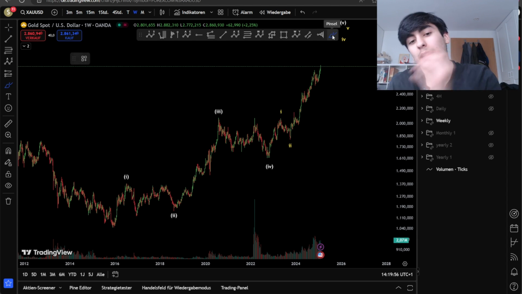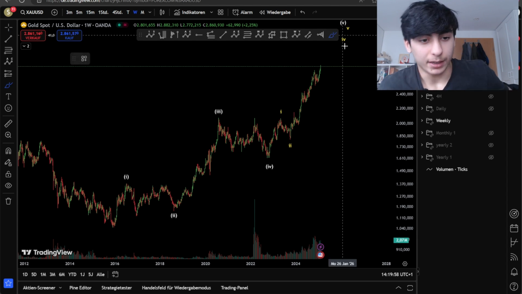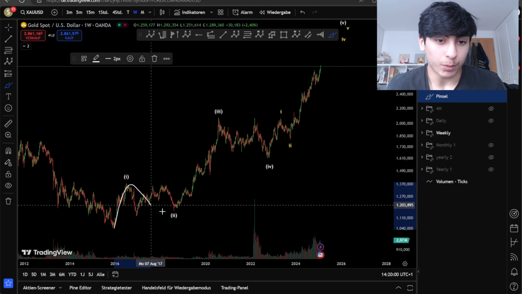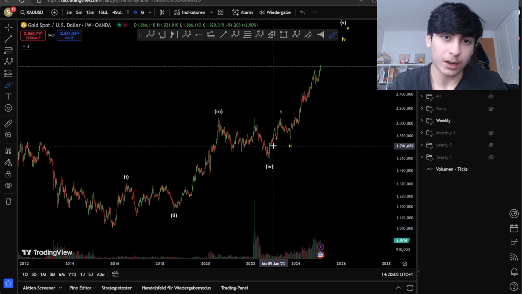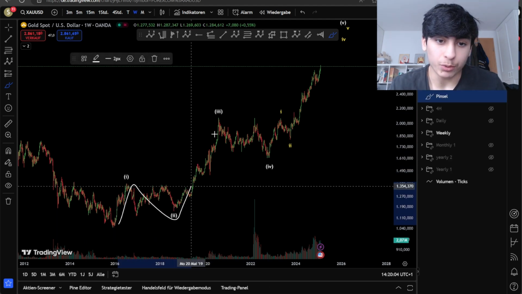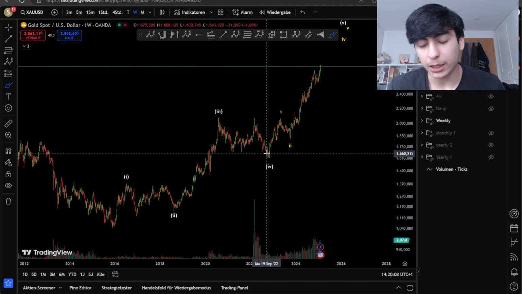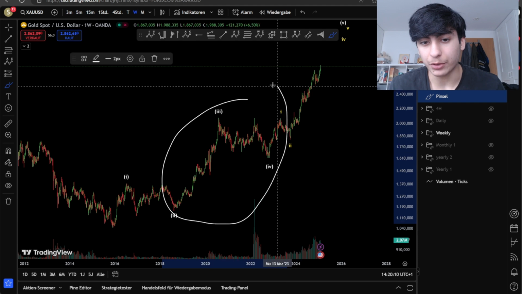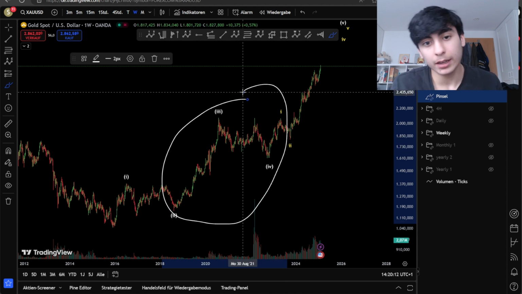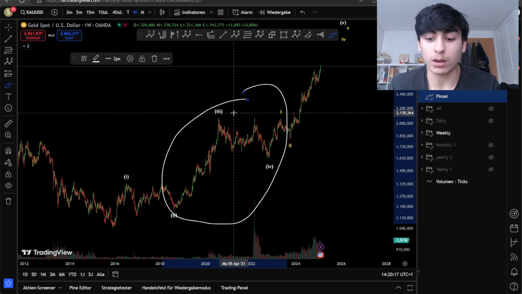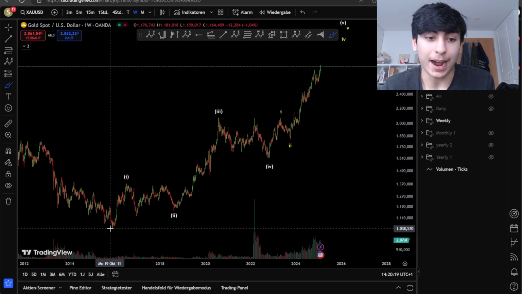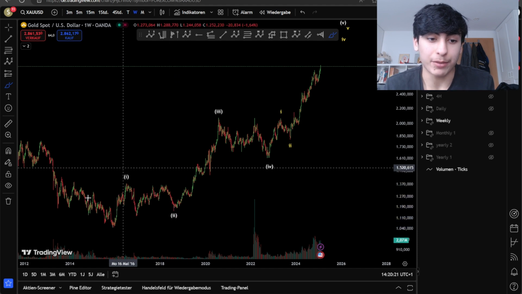What here, I think, is pretty easily counted and clearly 1, 2, 3, 4. You can count this as a 1, 2, 1, 2, but probabilities for the 1, 2, 3, 4 are much higher, because this leg to the upside and correction are much longer in time, and not only time but also in price, than the 1, 2 that we have here.